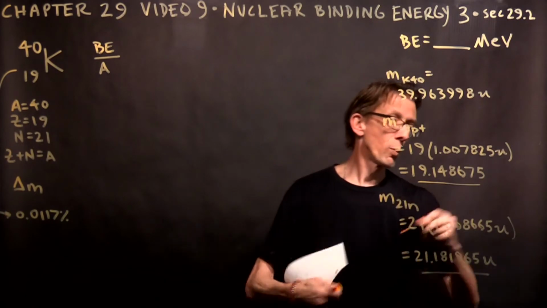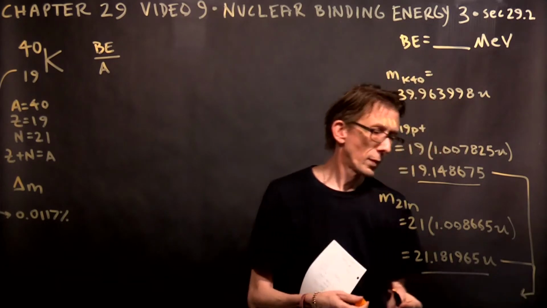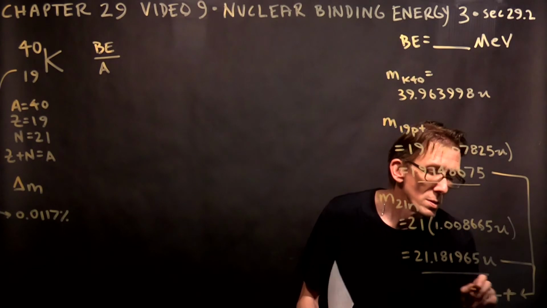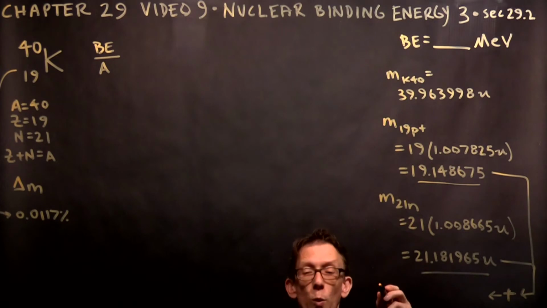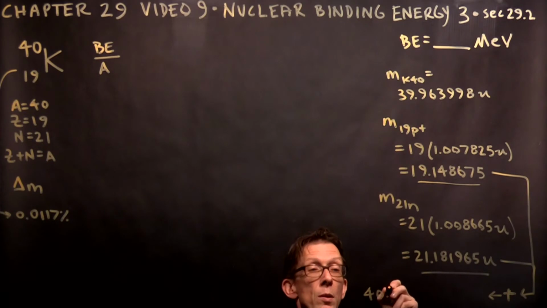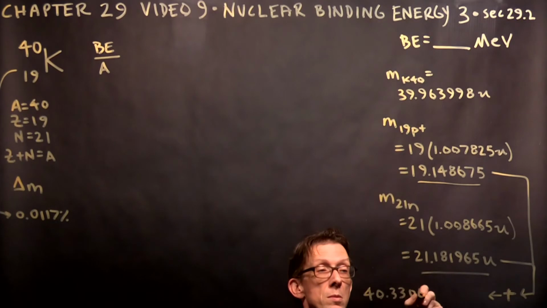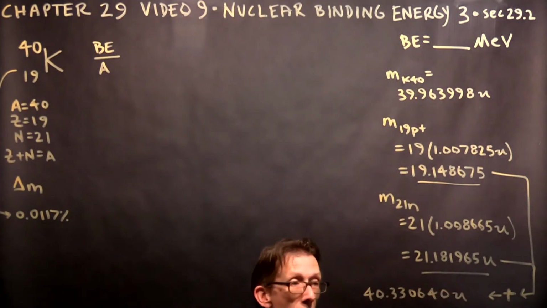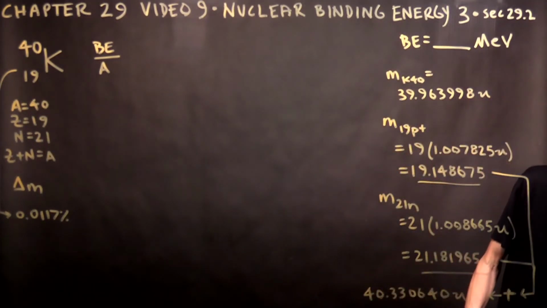And when we add those two numbers up, we get the mass of all those particles separate, and that equals 40.33064 mass units. So that is the mass of the particles separated from each other.